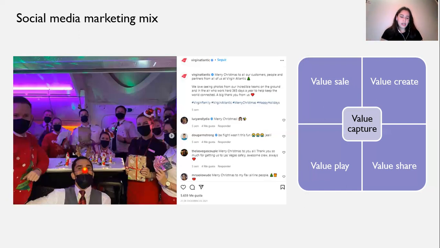And finally, the value share is where the comments or the community is built, and they have, of course, Instagram, Facebook, TikTok, Twitter, and YouTube. So for now, I researched and entered every one of the platforms, and I see that they're really willing.